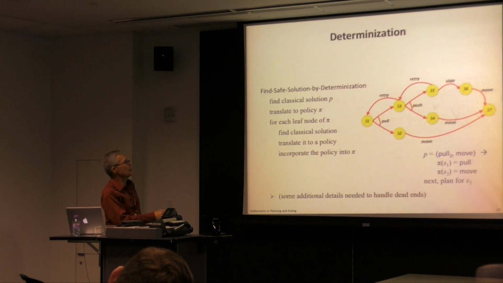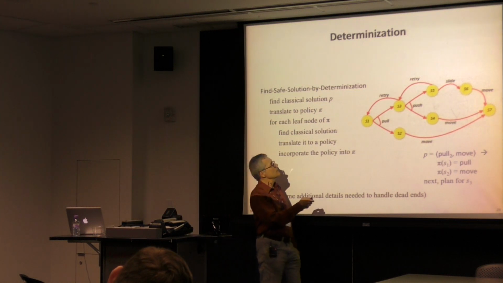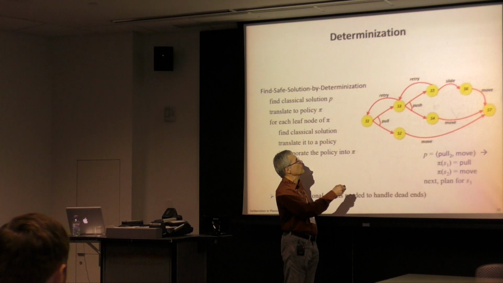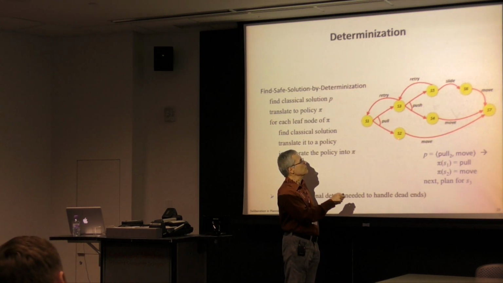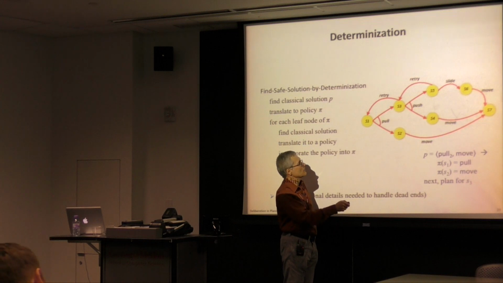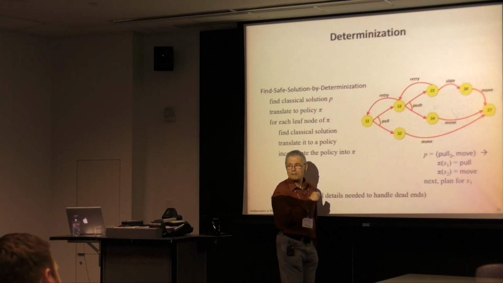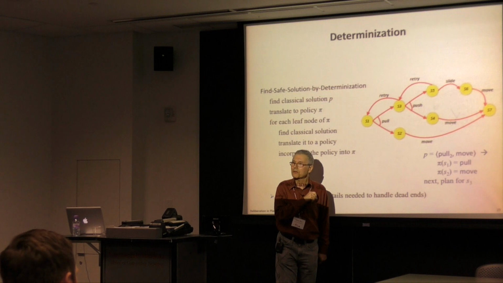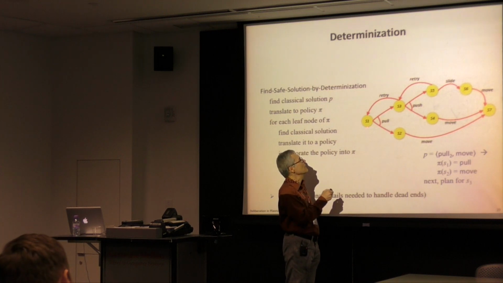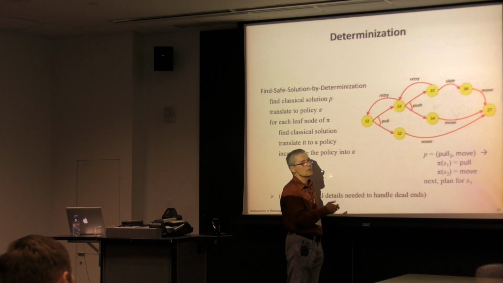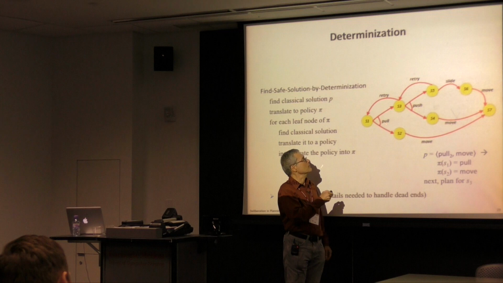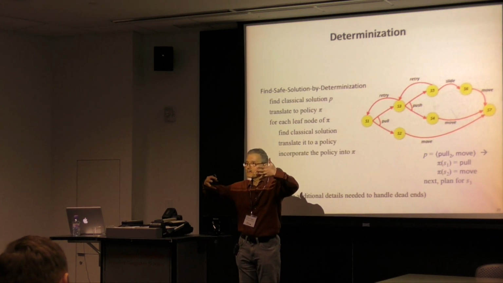As a quick example, remember we determinized the pull action into pull 2 and pull 3. All right? So the classical planner chooses pull 2, and here it chooses move, and it's now found what looks like a nice classical solution. Well, we can convert that into a policy that says if you're in S1, then do pull 2. And then if you're in S2, do move. And then we take pull 2 and replace it with pull.